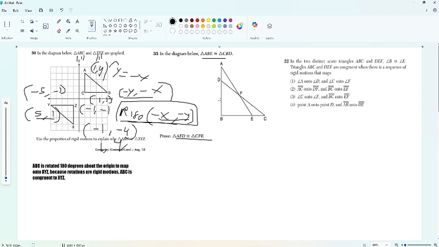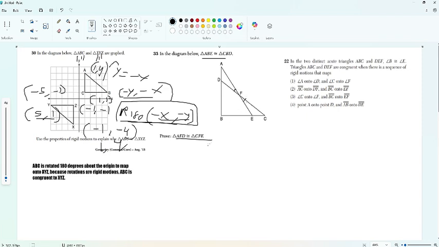So according to my calculations, we've identified that angles AFD and EFC are vertical angles by the vertical angle congruence theorem.